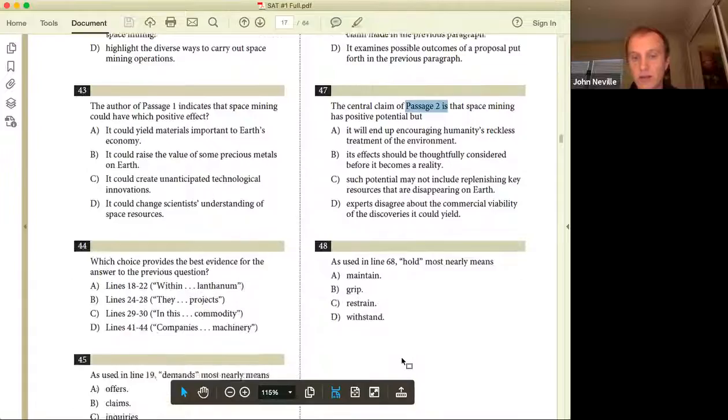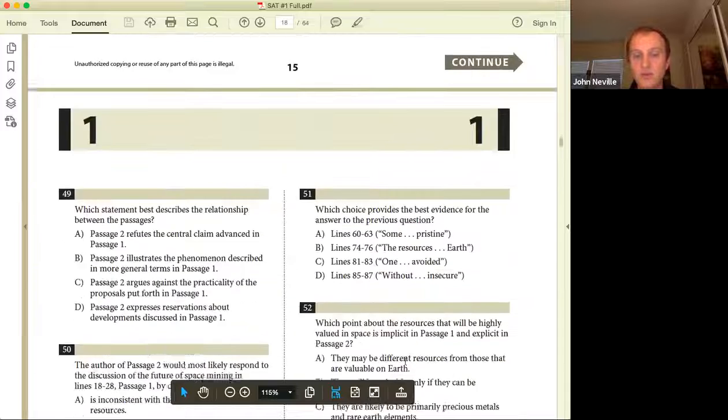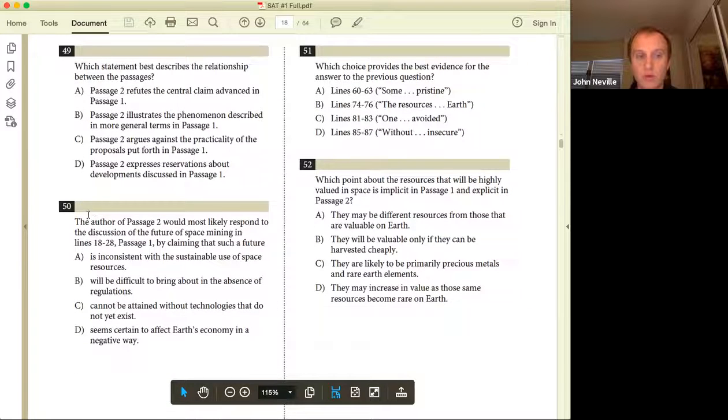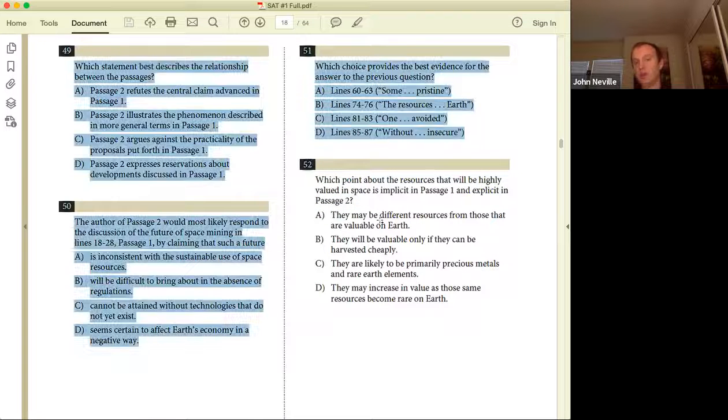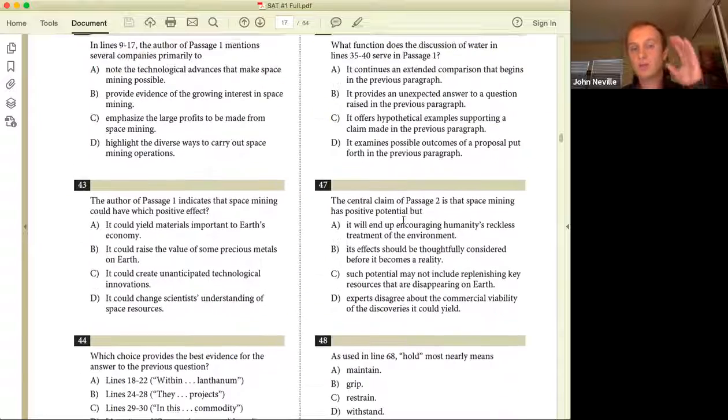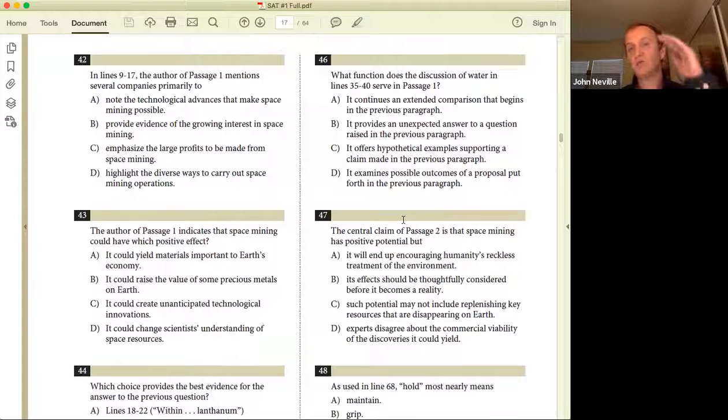Again, there will generally be kind of 3 to 4 there. And then the last few questions will be about both. Passage 2, passage 1, passage 2, passage 1. So here the last 4 questions were about both passages. So read passage 1, answer passage 1 questions, read passage 2, answer passage 2 questions, and then answer the questions that are about both.